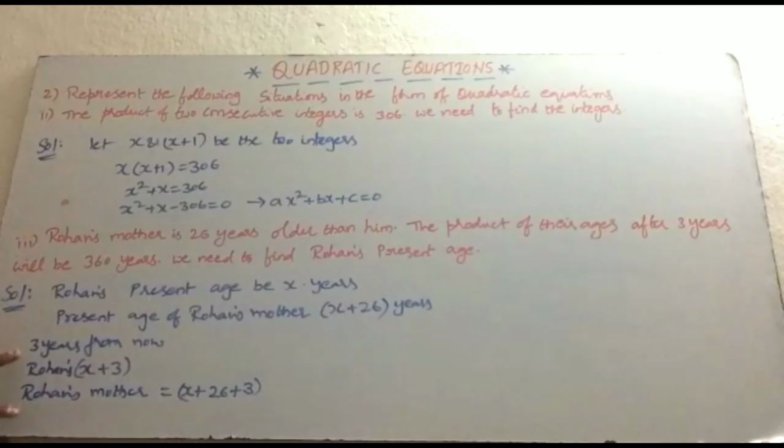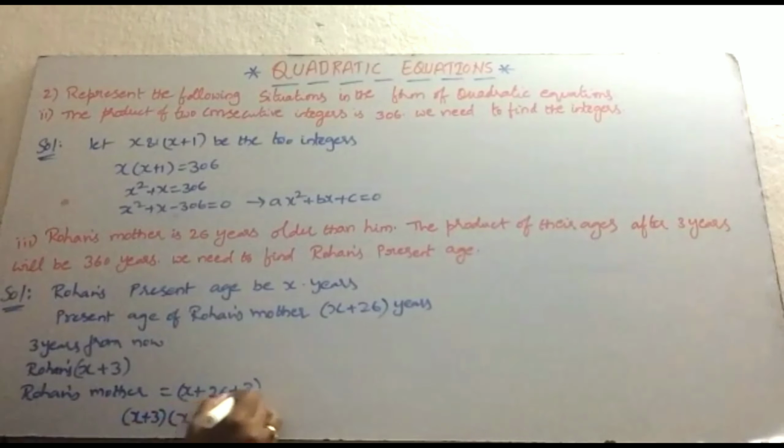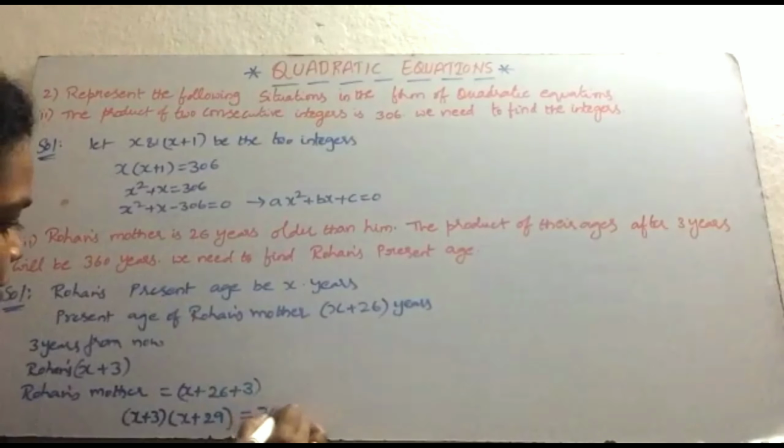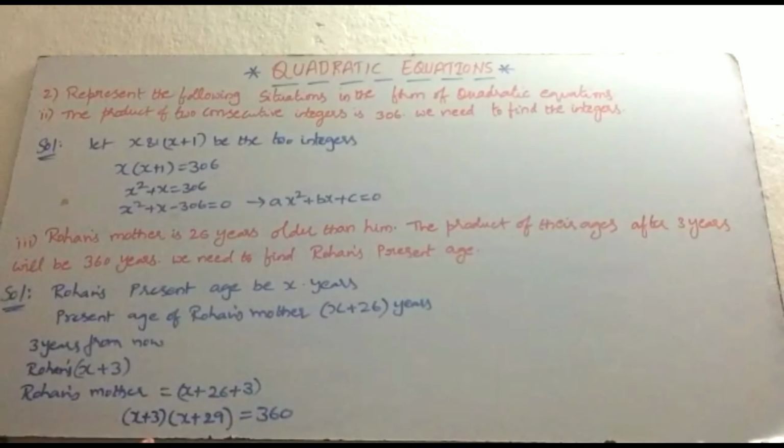Therefore, the product of these two ages is equal to 360. That means (x plus 3) into (x plus 26 plus 3, that means 29) is equal to 360.